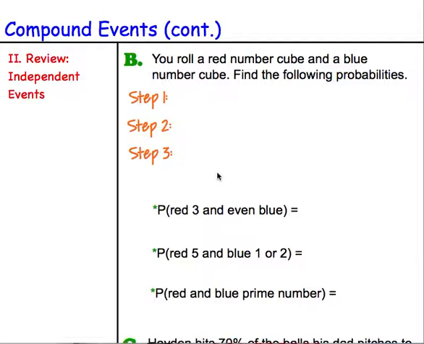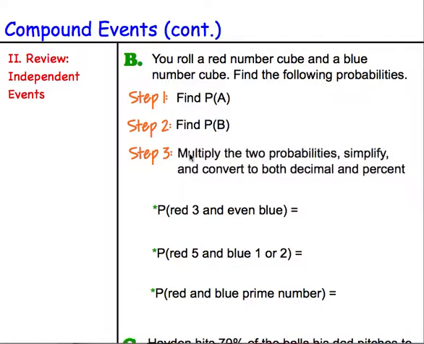When that is the case, such as you roll a red number cube and a blue number cube, which are independent of each other because what I roll on one has no effect on the other, this time we're going to still find the probability of A in step 1, then find the probability of B in step 2, but then because we want both of them to occur, which decreases the probability of it happening, we're going to multiply the two probabilities and simplify, convert to both decimal and percent.